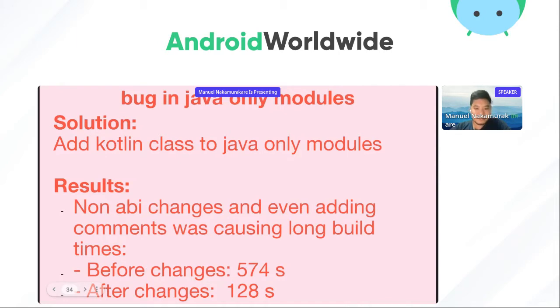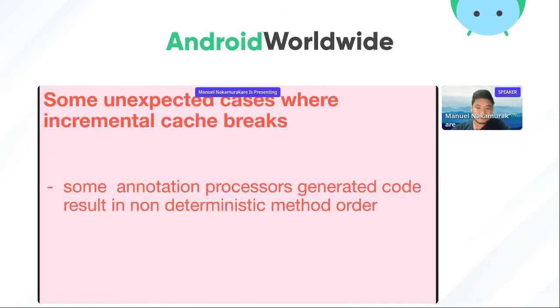When we tested non-ABI changes, we saw that even adding comments was causing long build times. Before we added this Kotlin file to the Java-only modules, these incremental changes were taking 574 seconds. After this change, it was only taking 128 seconds. So that's 4 times better.